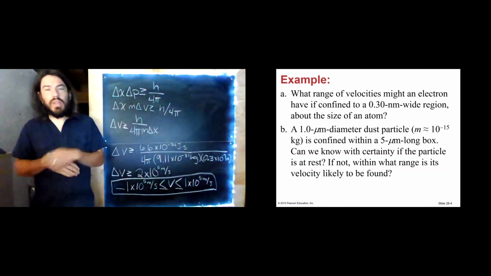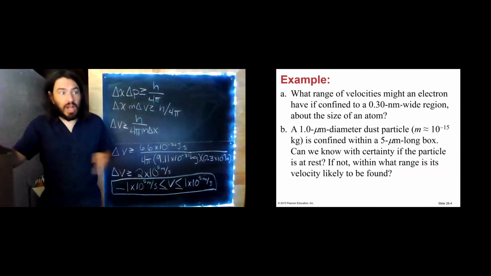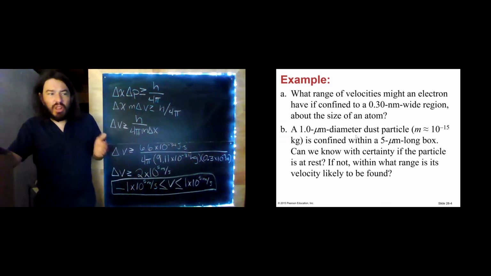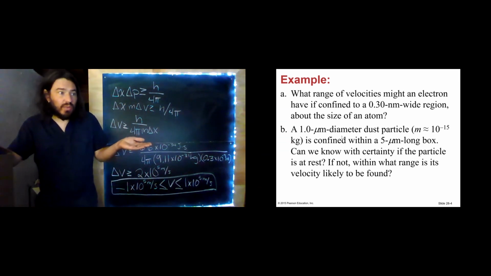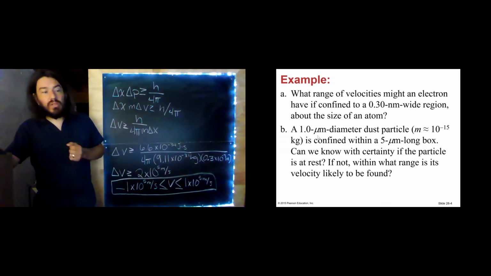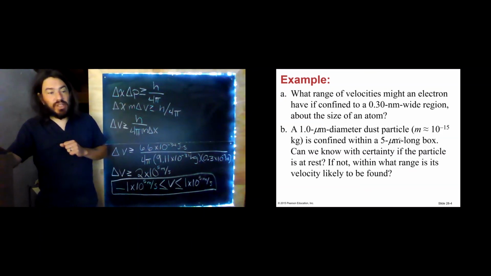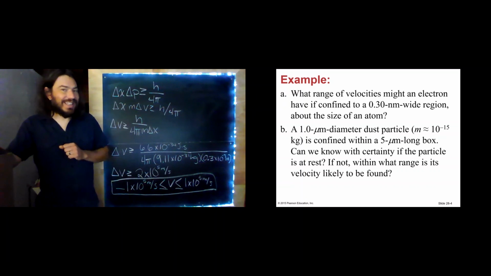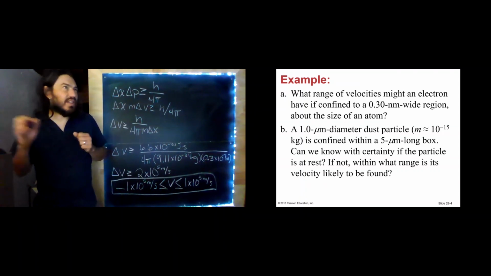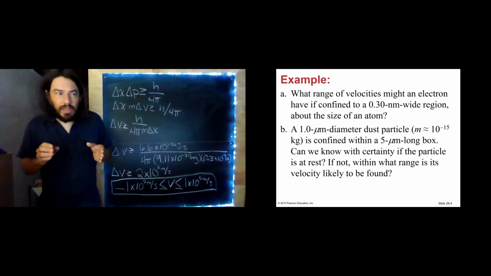How does that compare with a very, very small object? This might be the smallest object that a human could interact with: a 1.0 micrometer diameter dust particle. And to remind you, a micrometer is 10 to the -6th meters, so that's 1/1000th of a millimeter.